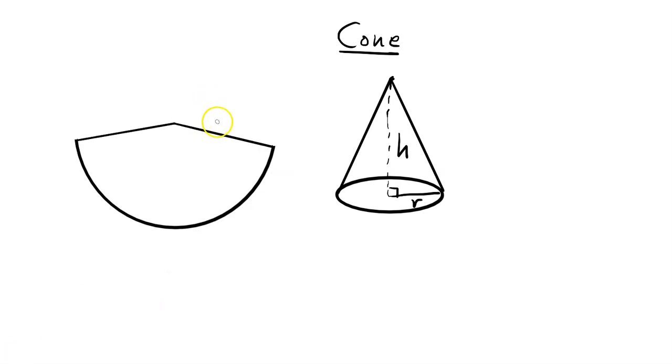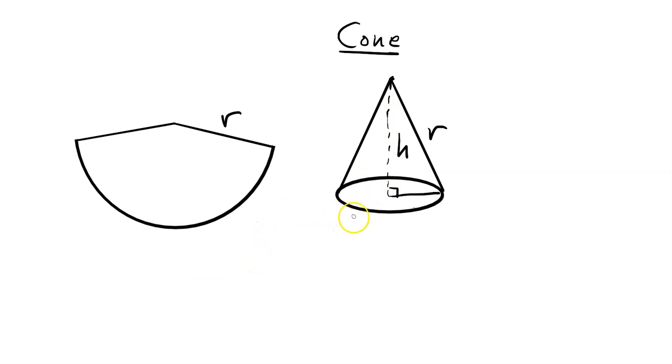If you take a sector of a circle with radius r, and then you roll it up, the arc here becomes this circle. Okay, so what's wrong here? We shouldn't write radius here. The radius should now be this one: this edge becomes the slant edge of the cone, and the circle here corresponds to this arc. And then the height becomes part of this solid figure like this. So that's how we can form a cone.